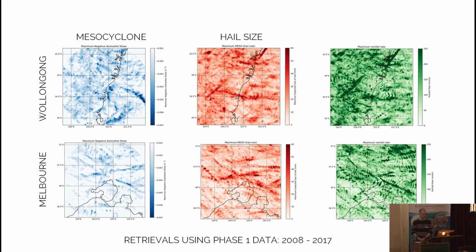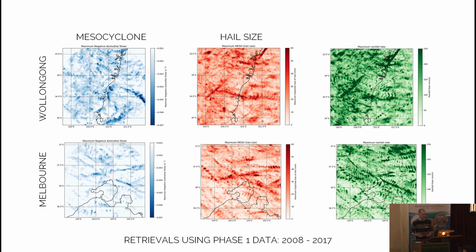The next set of plots are hail size and our rainfall retrievals. So for hail size, you can see over Sydney, we have a shift back inland again, because these hailstorms typically rely on the afternoon thermals which develop over a warmer continental environment.